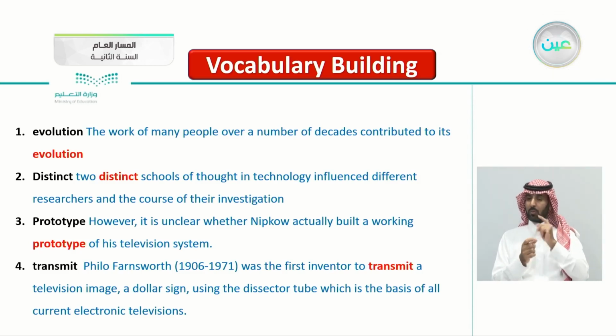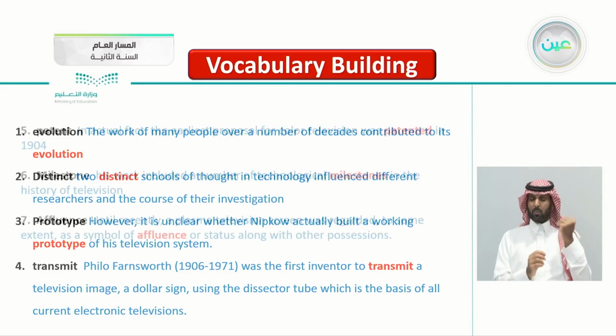Transmit, if you remember, transmit meaning send, is to send something. Philo Farnsworth, 1906 to 1971, was the first inventor to transmit a television image, using the dissector tube, which is the basis of all current electronic television. So he was the first inventor to transmit a television image, Philo Farnsworth. Of course, we'll be reading about him later in the reading lesson.